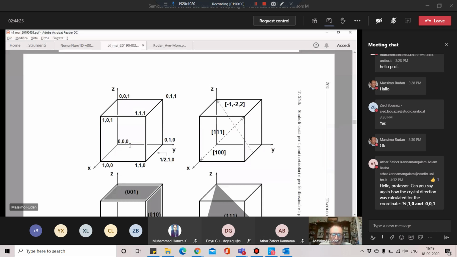What we should do is, you remember, we take an atom, we connect the atom with one of the neighboring atoms, and then in 2 dimensions, we take the axis, that is the segment normal to the segment connecting the 2 atoms and crossing the center. Okay.